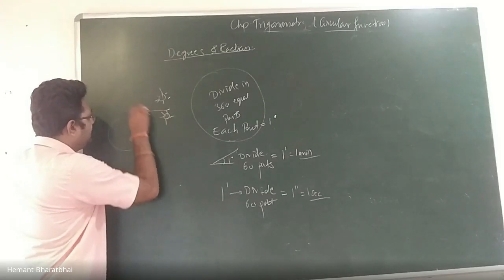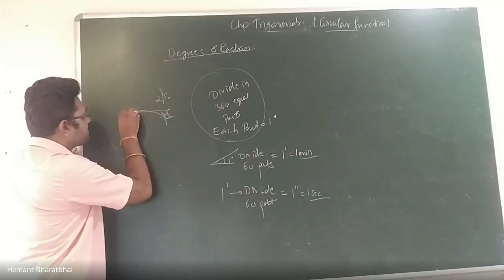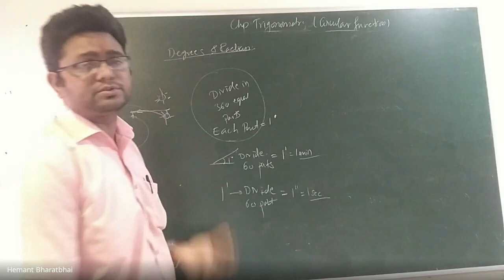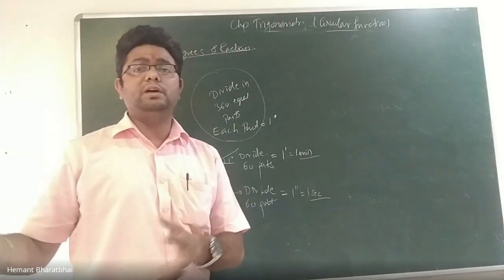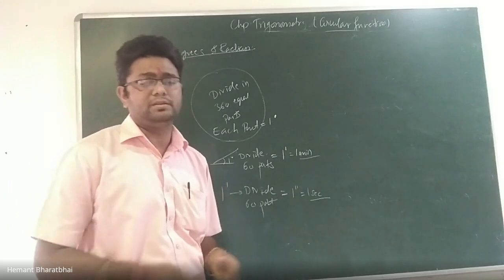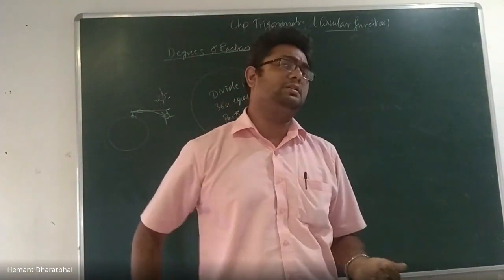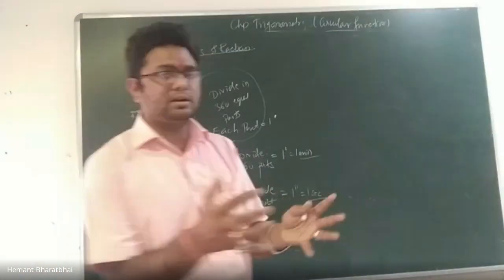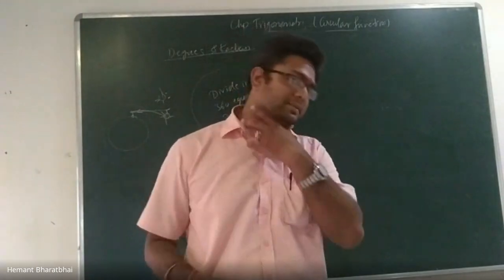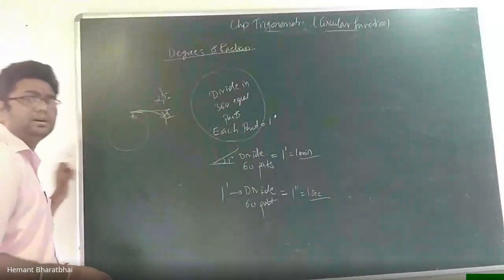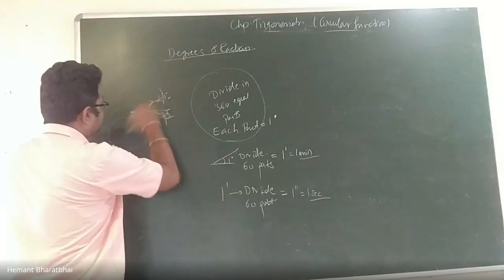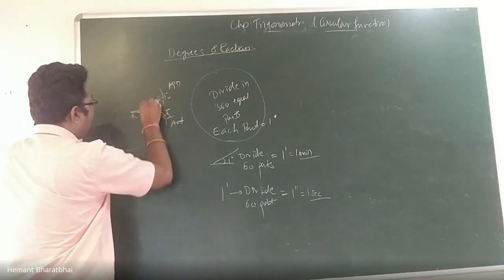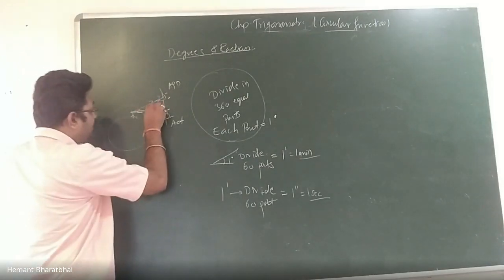When the rays reach us, the density is 0 in space and 1.33 at the Earth's surface. It doesn't become 1.33 directly; slowly the density increases, causing multiple refractions. So the path is curved, and when I draw a tangent, this is the actual position and this is the apparent position, and the angle between them is 2 minutes.